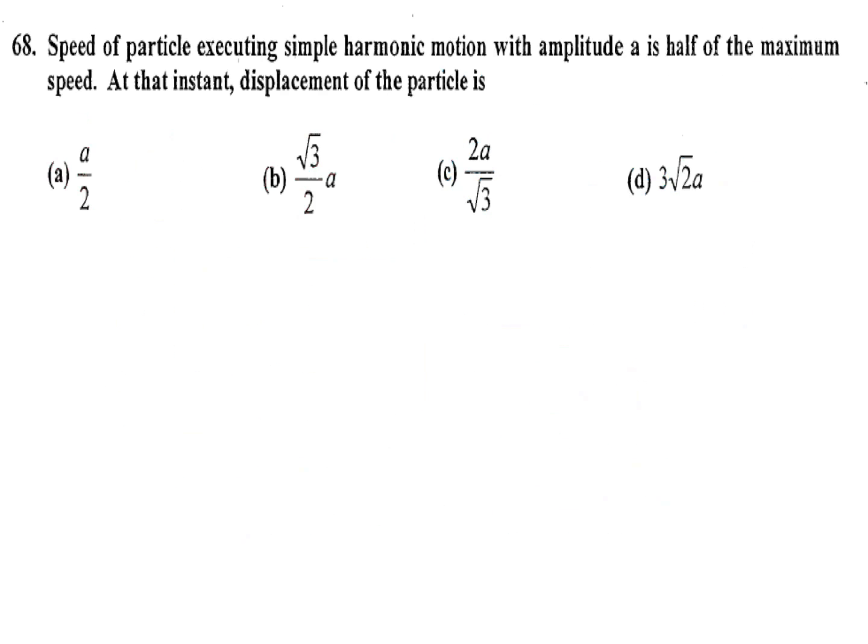Speed of particle executing simple harmonic motion with amplitude A is half of the maximum speed. At that instant, displacement of the particle is how much? SHM equation we will write first. Displacement x = a sin ωt. Velocity ẋ = aω cos ωt.